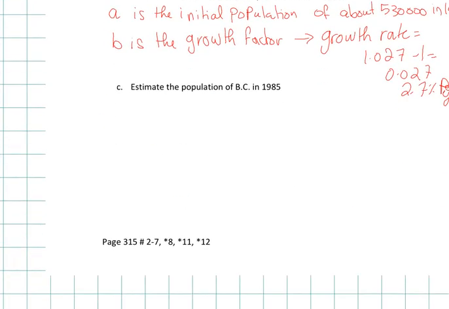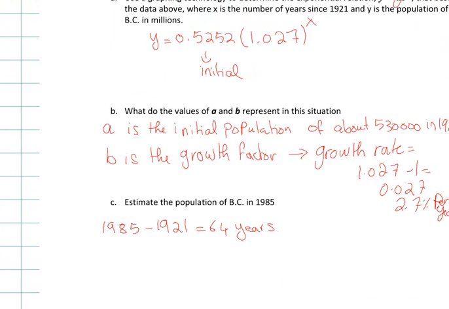So I can find 1985 minus 1921. So that's about 64 years. Right? So what do I do with that 64? Where do I plug that 64? Where would I plug 64 years?